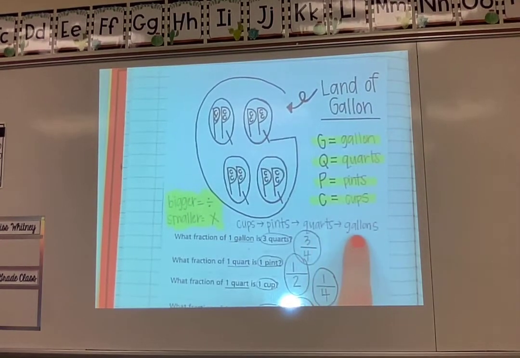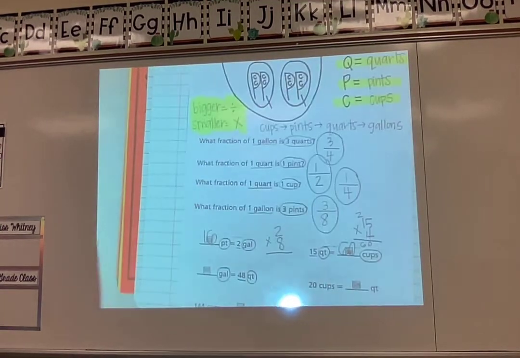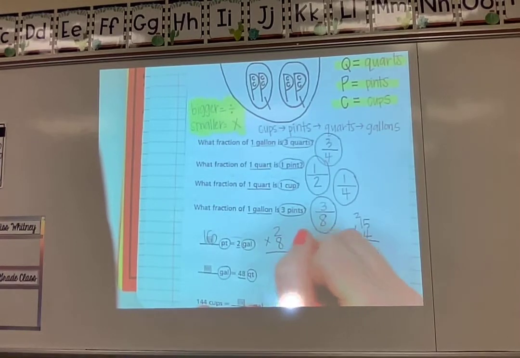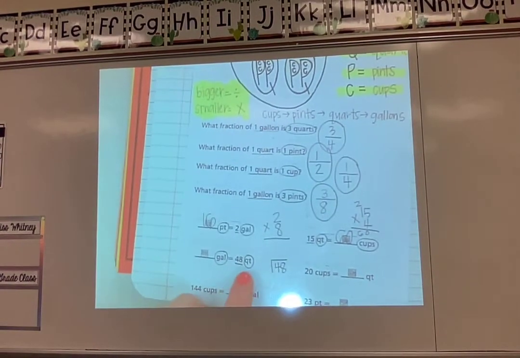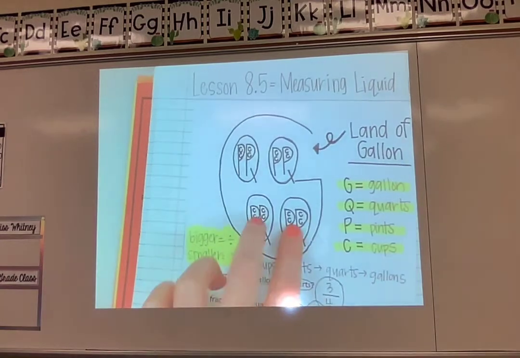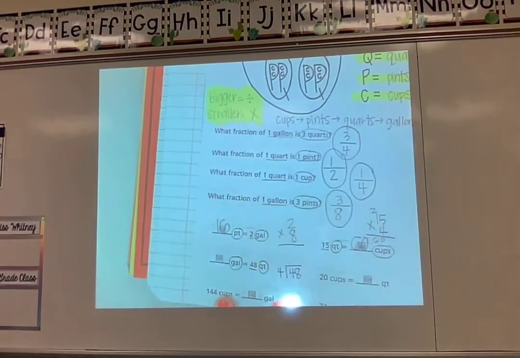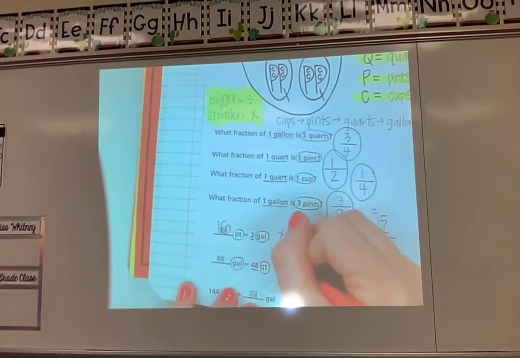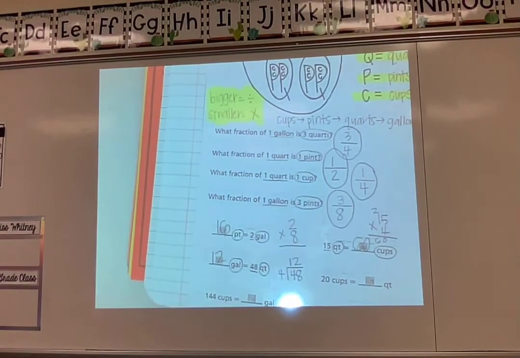Quarts to gallons, I'm getting bigger, so I need to divide. 48 divided by, then I have to use my picture. How many quarts are in a gallon? Looking at my picture, 4 of them, so I'm dividing by 4. I could work that out if I need to. It's going to be a 12. So 12 would be my answer.